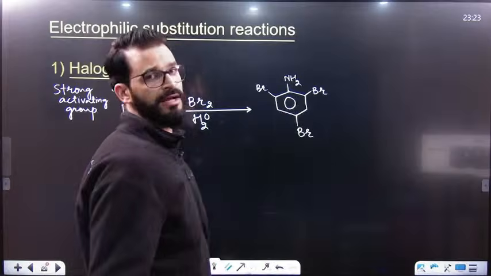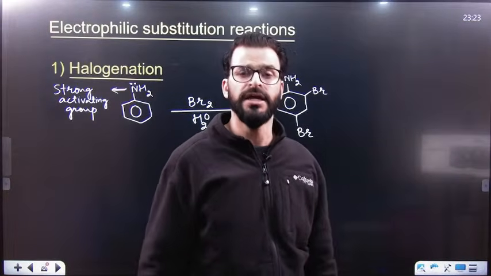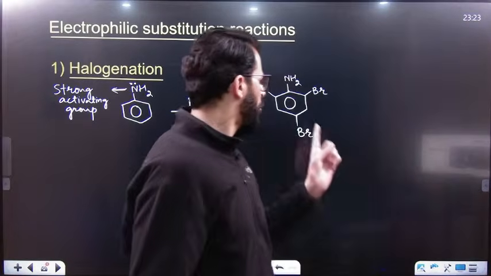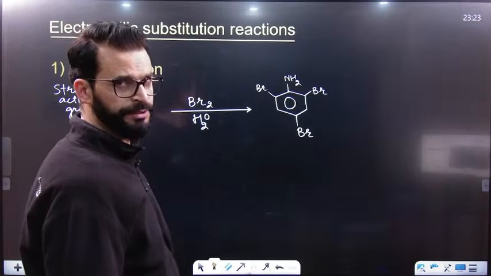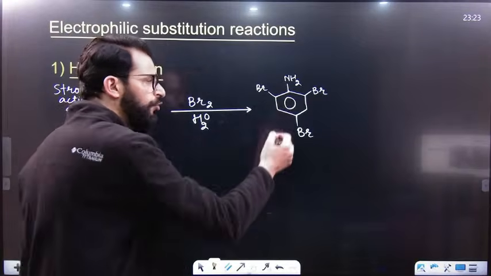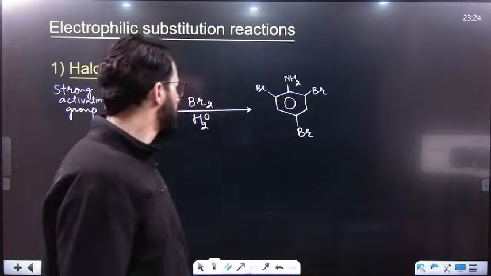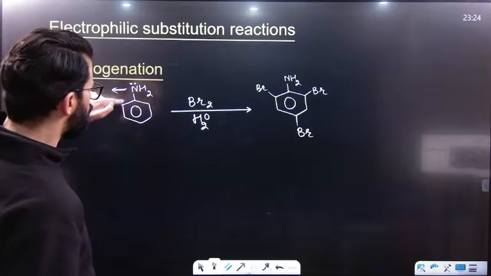That means here ortho-para substitution will take place, and a polyhalogenation or trihalogenation product will be obtained. Now the question is why trihalogenation takes place? Because this ring was very much activated for electrophiles. Why? Because this is a strong activating group.